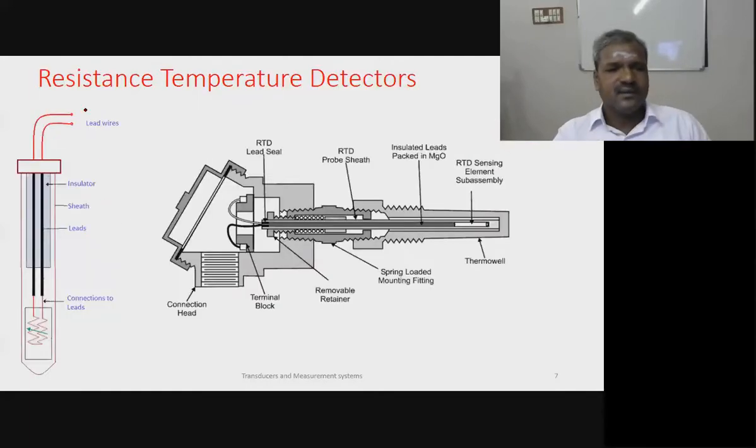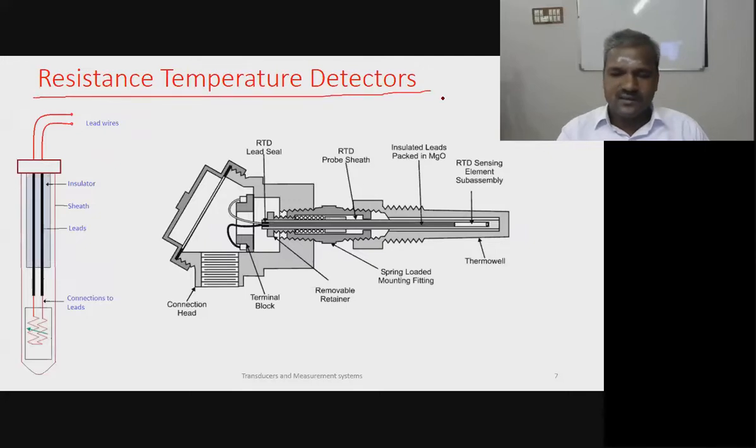So this is the basic construction of a general resistance temperature detector. These lead wires are connected for measuring resistance. This is the insulator. The external cover is called the sheath.